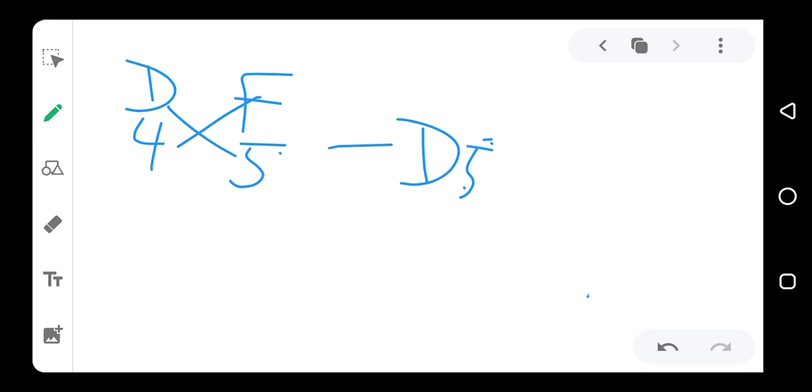The 4 here comes to F. So this is the formula of this compound when D with valency of 4 and F with valency of 5 combine together. Now let's look at real chemical elements and see how they combine.